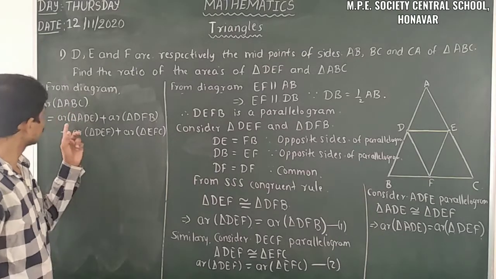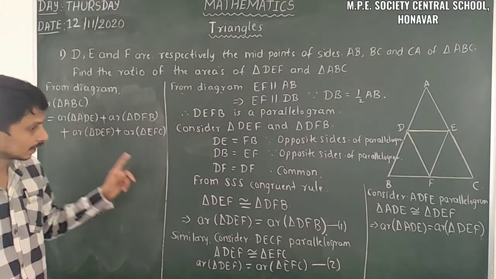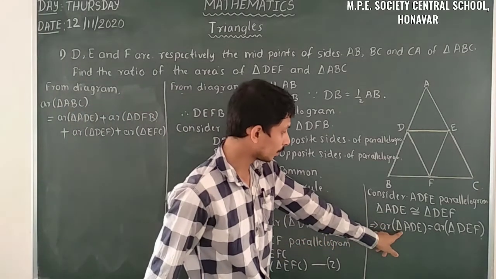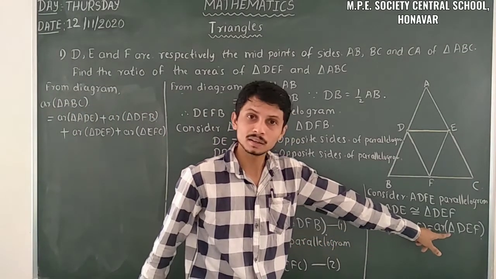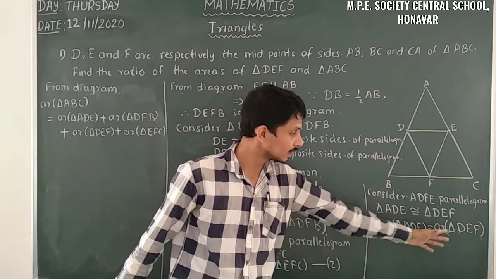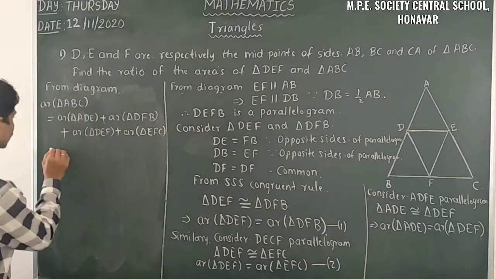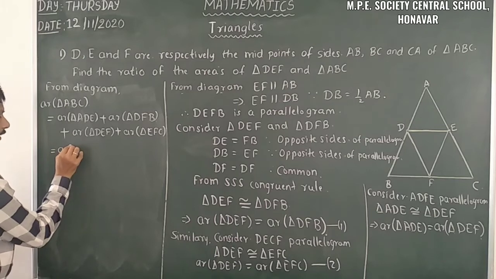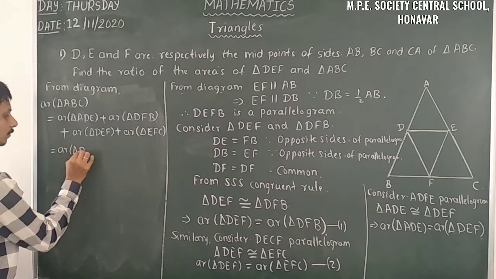So here just observe area of triangle ADE. Area of triangle ADE is equal to area of triangle DEF. So that's why we can replace area of triangle ADE with area of triangle DEF.